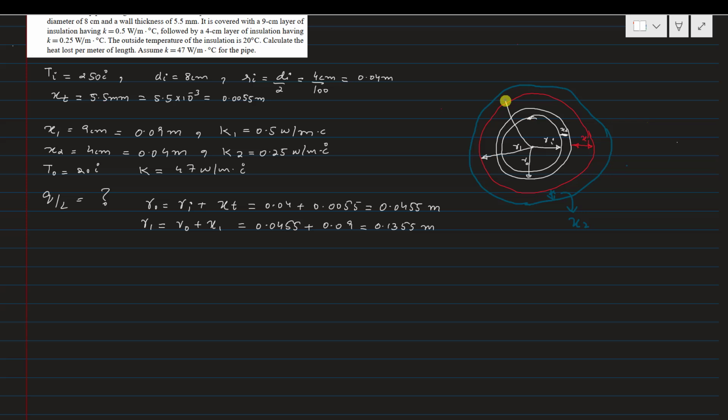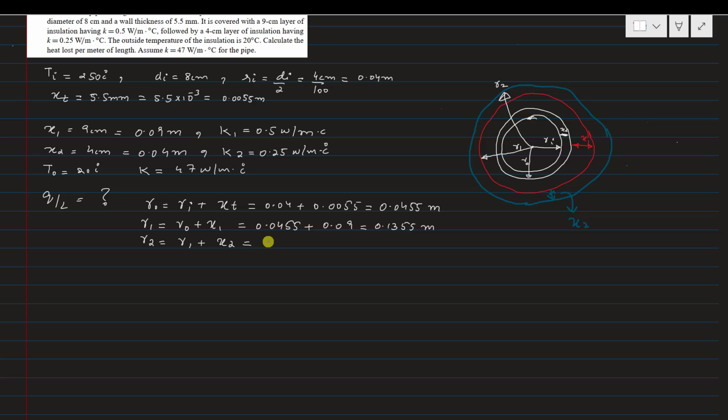Now we are interested to find the outer radius, that is R2. So it will be the sum of this R1 and the extra insulation of the second layer. So I can say that R2 is equal to R1 plus X2.